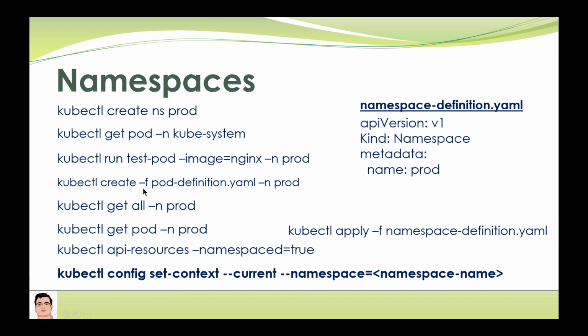kubectl create -f with the pod definition file I am using. The pod definition file doesn't have any namespace, but you can add it, and this is good practice. If you want to deploy a particular pod in prod or any other namespace, you just mention it in the pod definition file. Here I have not mentioned it in the pod definition file. I am using the imperative way, and this is not a recommended or good practice.